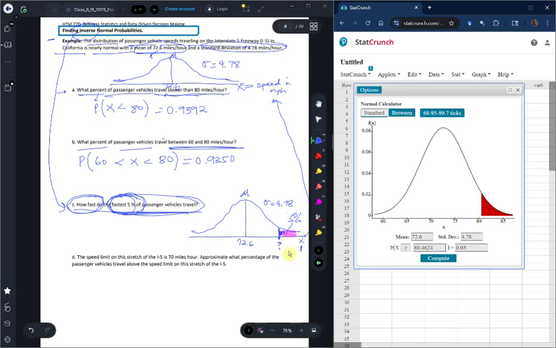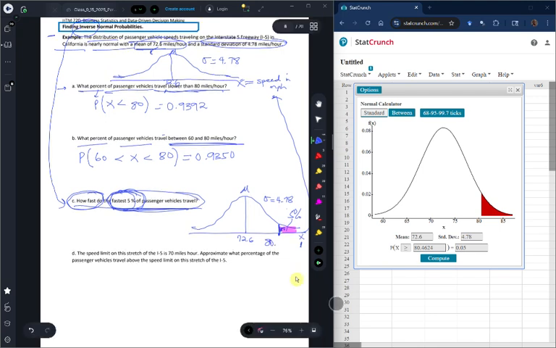This is telling me that 80.46 is the number that separates the upper 5% of all passenger speeds from the lower 95%. So this is 80.46 miles per hour.